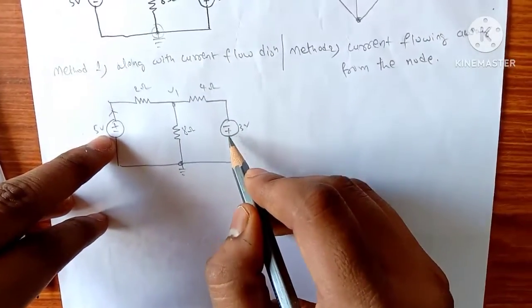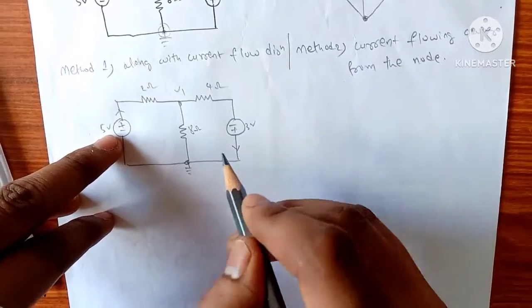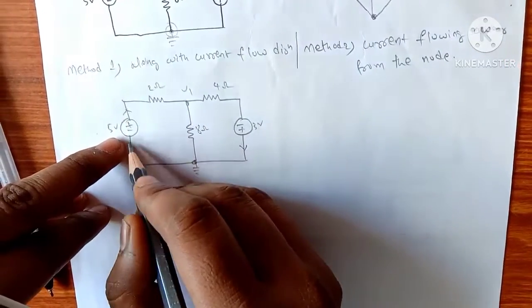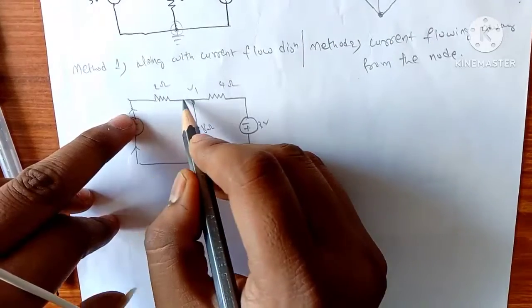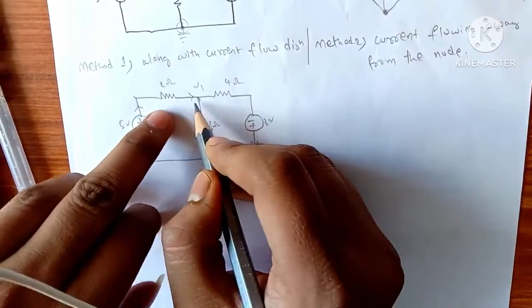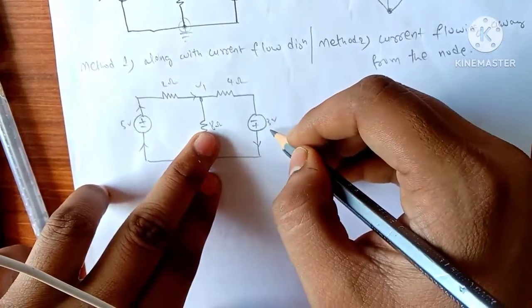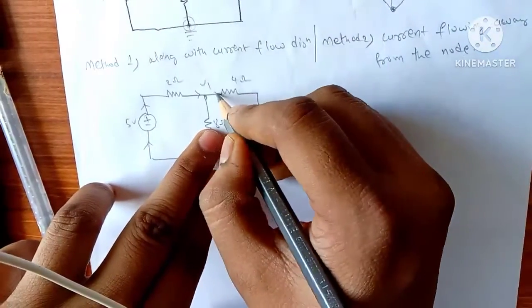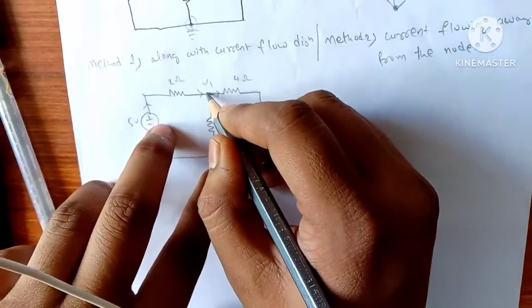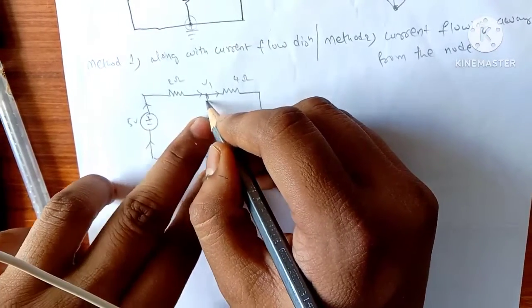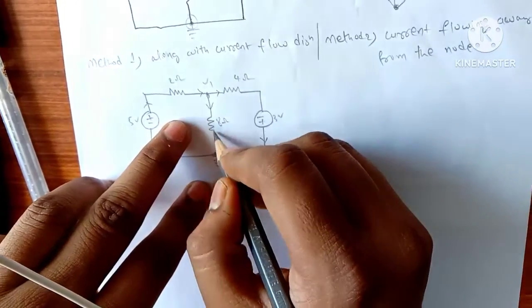Also from the source, current flows from the positive direction. So current is flowing like this, entering at V1 from positive volts and leaving through this 3 volts terminal. So leaving like this. Here current flows in this direction.